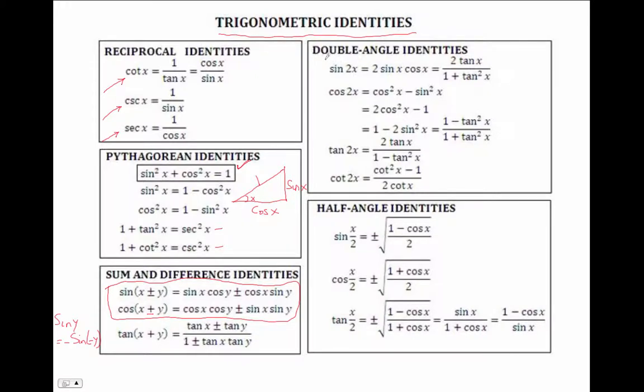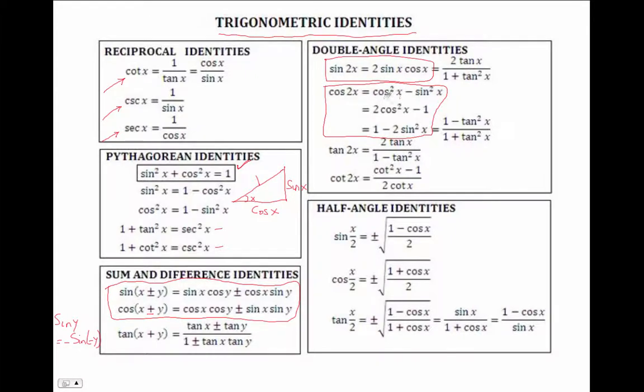And you must also remember this one, sine of 2x is equal to 2 sine x cos x. That's very nice because you can sometimes take a product of a sine and a cosine, and if they're the same angles, then you'll just get sine of an angle which is twice as big. If you can remember all three forms of cosine 2x which are over here, that's fine.